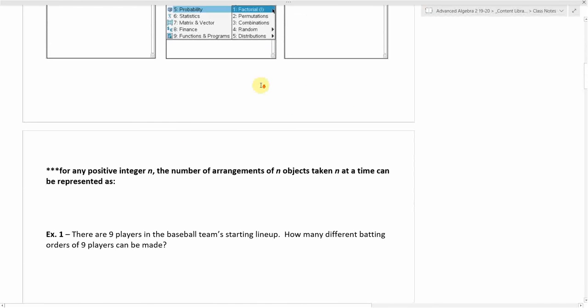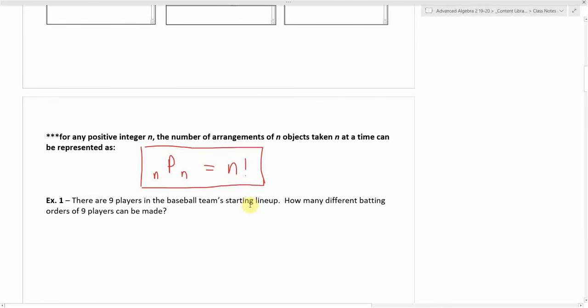So we can say that in general, for any positive integer n, the number of arrangements of n objects taken n at a time, that would be nPn, so 4P4, 6P6, whatever, is equal to whatever that integer is, factorial. So here's a key formula: nPn, when you select the same number of objects as you have, is equal to n factorial.